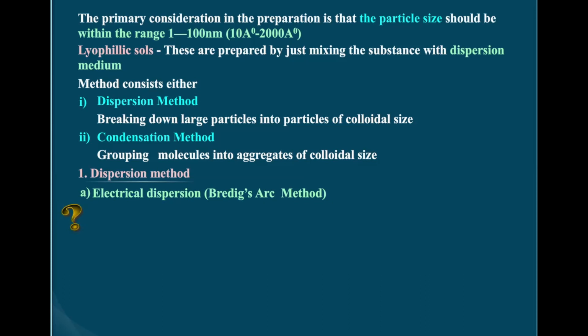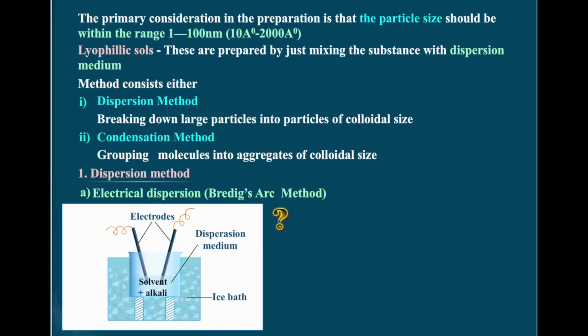In this method, an electric arc is struck between electrodes of the metal immersed in the dispersion medium, as you can see in the figure. The intense heat produced vaporizes the metal, which then condenses to form particles of colloidal size. You can see two electrodes there.